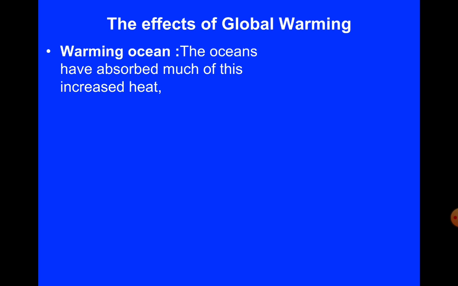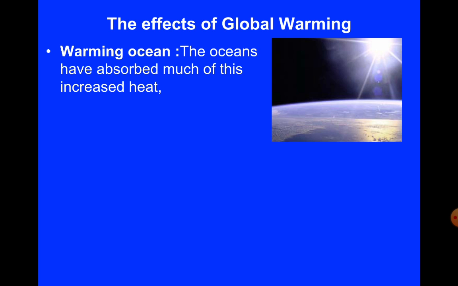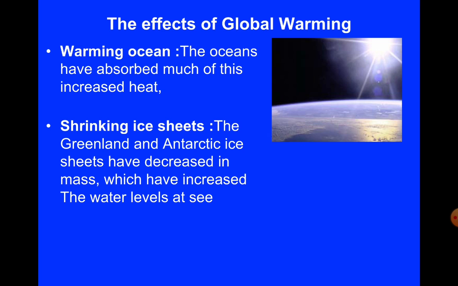That means an increase of water level. We also have the shrinking ice sheets, which we see in Greenland, the Antarctic ice, the Arctic ice. They have decreased in mass. They go into the sea, which also increases the water levels at sea.